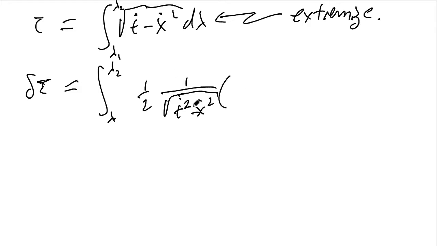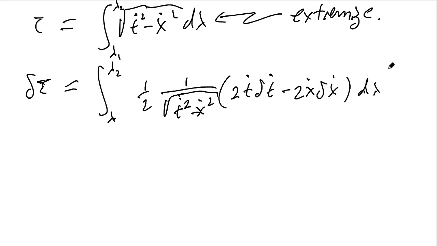And now differentiating the inside of the square root, we have 2 t dot delta t dot minus 2 x dot delta x dot, all of that times d lambda. Okay, the 2's cancel the 1/2s there.